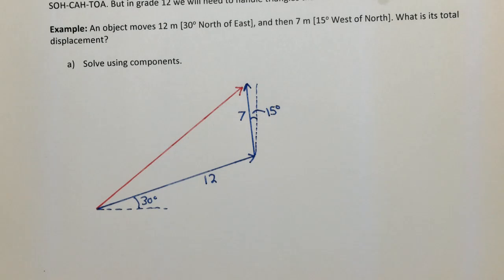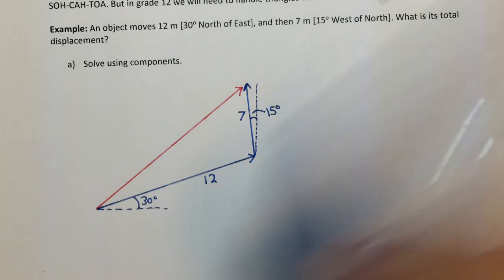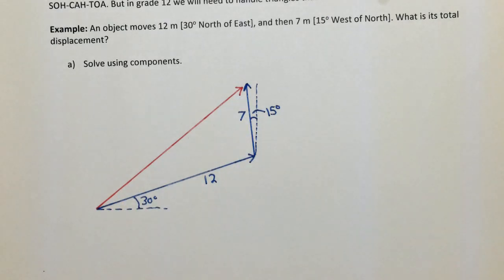So here we have a triangle that does not have a right angle in it. Not there, not there, not there. Which means we can't use Pythagoras, we can't use SOHCAHTOA.